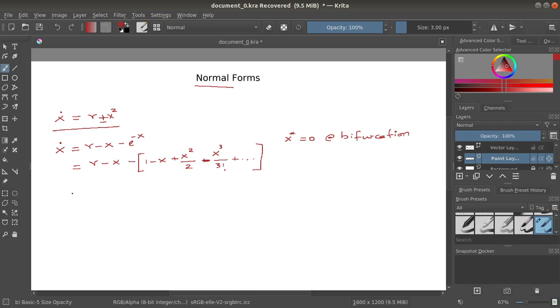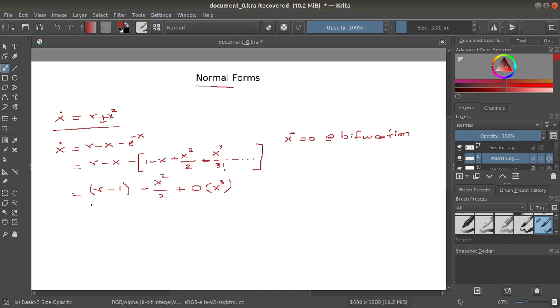If I ignore them, I will get r minus 1, then this x and this x will get cancelled, then minus x square by 2 plus the higher order terms, the order of x cube. And I could ignore these higher order terms.